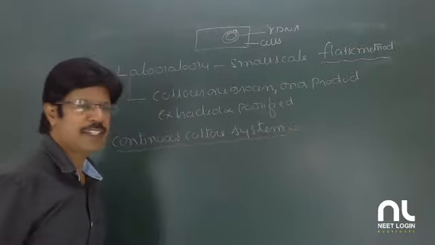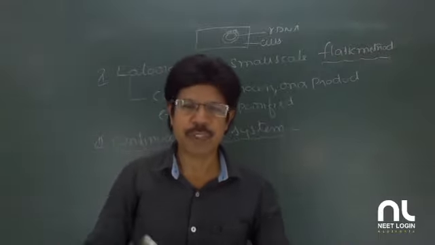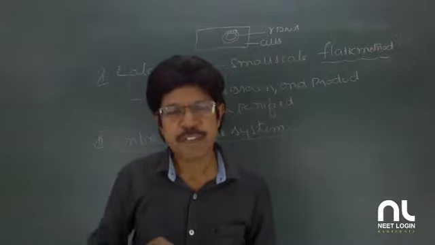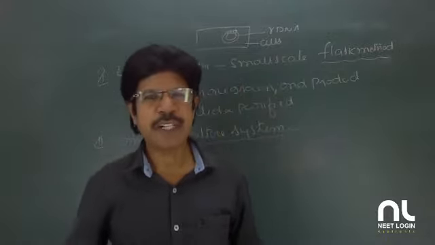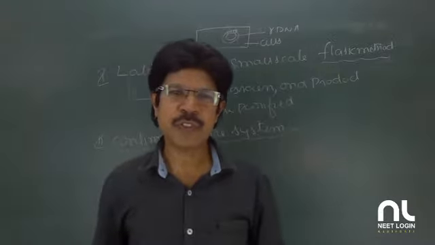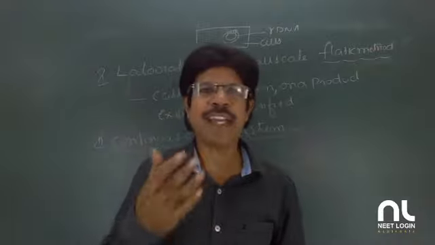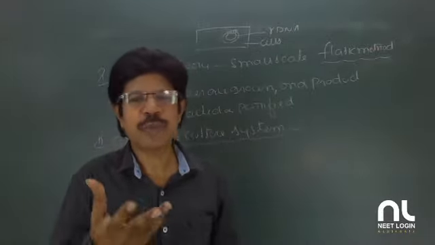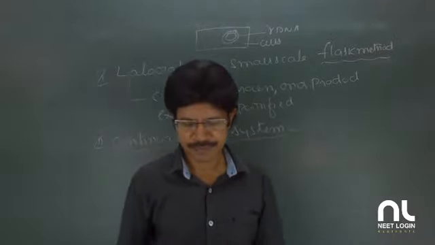In a continuous culture system, used medium is drained out from one point and fresh medium is introduced. As used medium is drained out and fresh medium is introduced, the cells are kept in a physiologically active, exponential state to give a large amount of biotechnological product. Are you getting it?